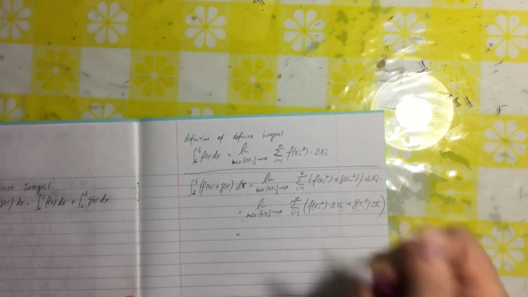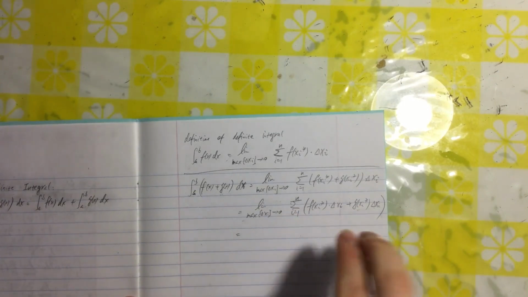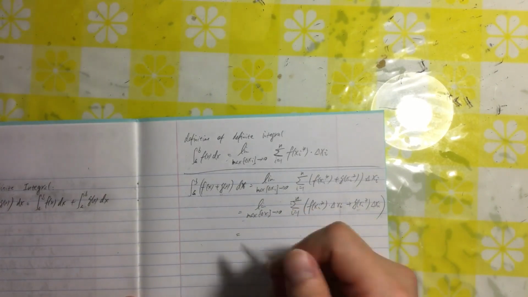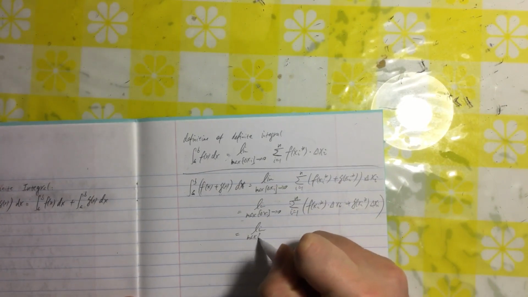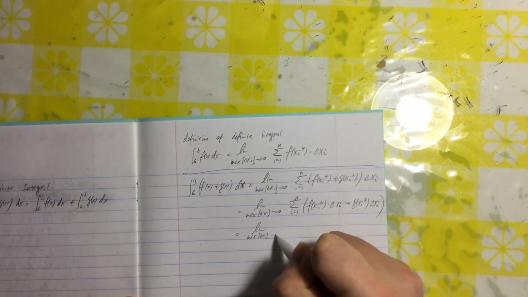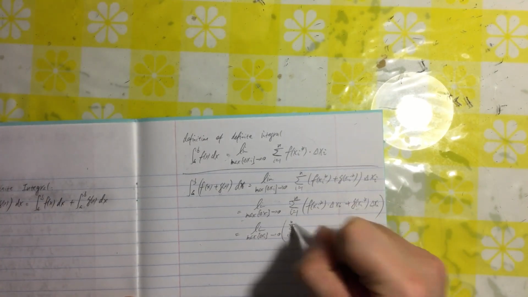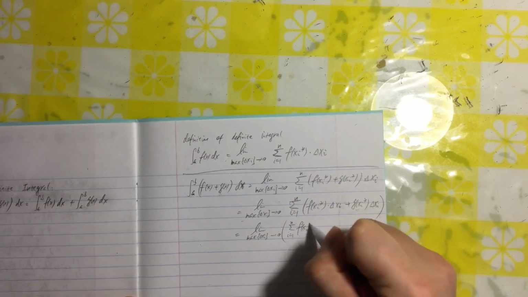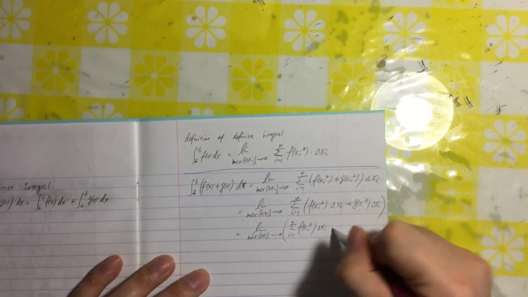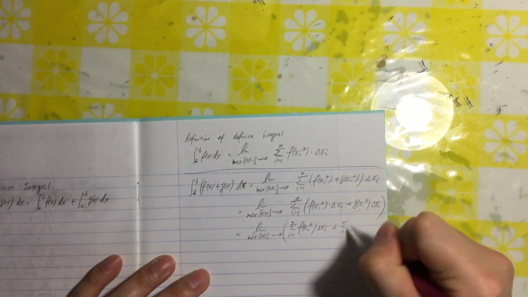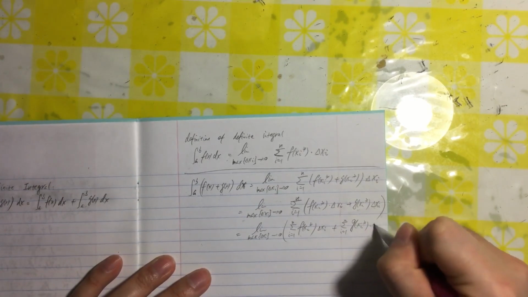Next, I can separate the sigma notation into two sigmas. If there are two terms inside a sigma notation, I can separate it into two sigmas. The limit stays the same. Sigma i from 1 to n, f of Si star times delta Si, plus another sigma i from 1 to n, g of Si star times delta Si.